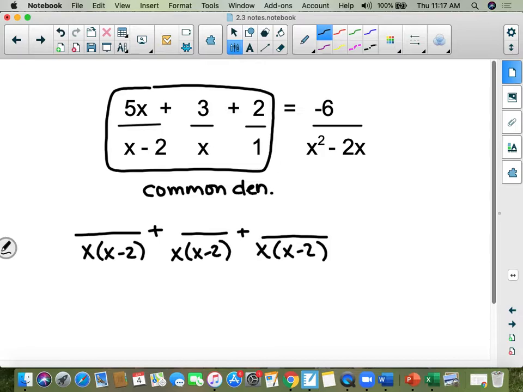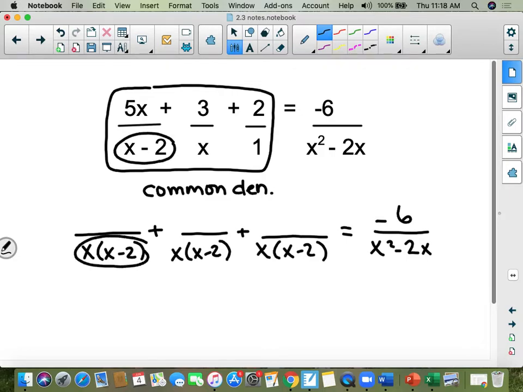And this is equal to the same negative 6 over x squared minus 2x. Okay, look at the old denominator and the new one, and that one's missing an x, so that's why it's 5x squared. I have to multiply the top by x. The middle one's missing x minus 2, so that's why it's 3x minus 6.